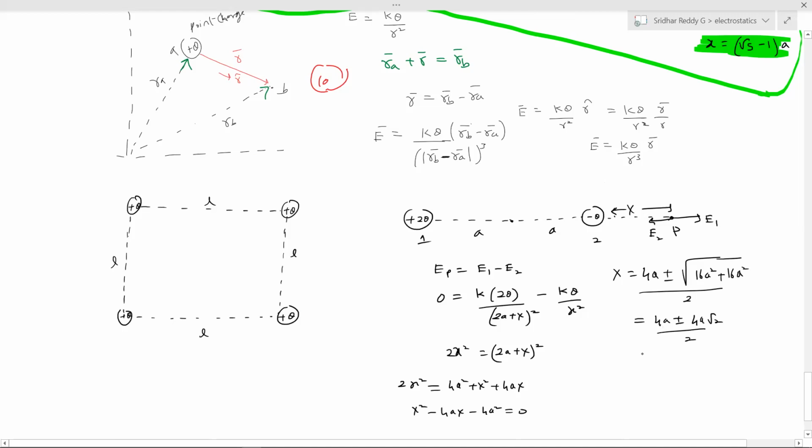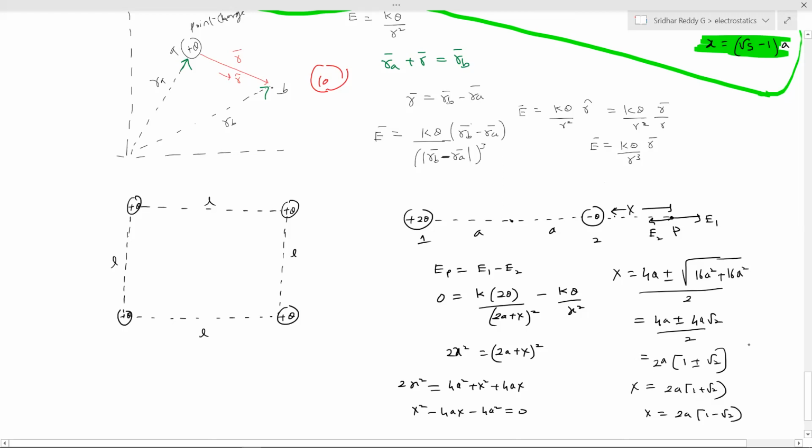Now a comes outside; if I take 2a common, we get 1 plus or minus root 2. Okay, these are the values. x equal to 2a(1 plus root 2) is one value, and x equal to 2a(1 minus root 2) is the other.